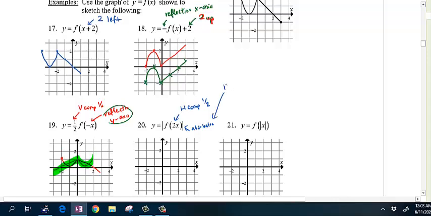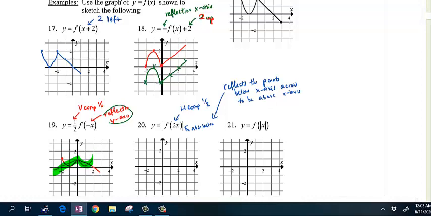Yes, it reflects the points below the x-axis across to be above the x-axis, right? Because every negative value becomes positive, and so anything that's below the x-axis becomes positive.